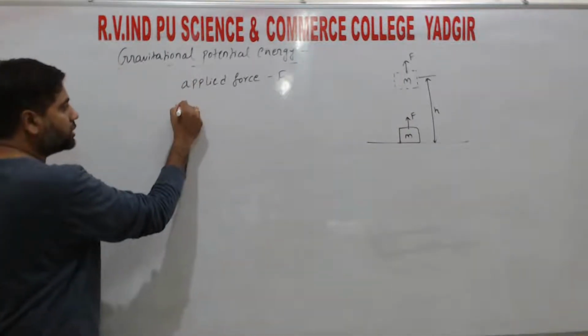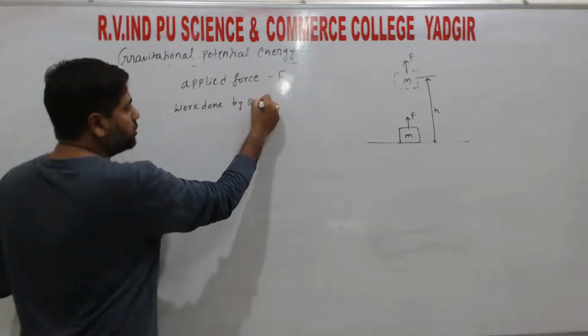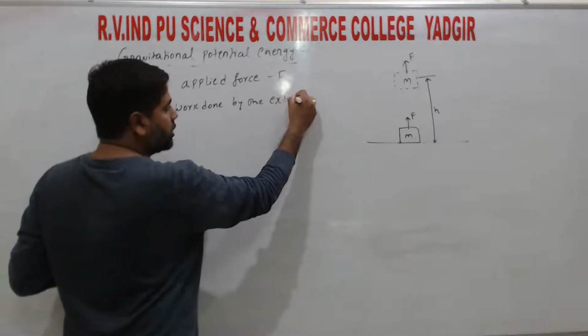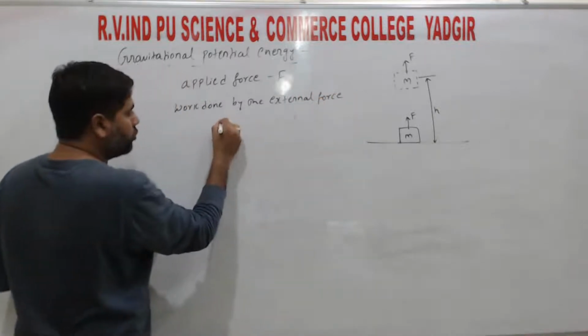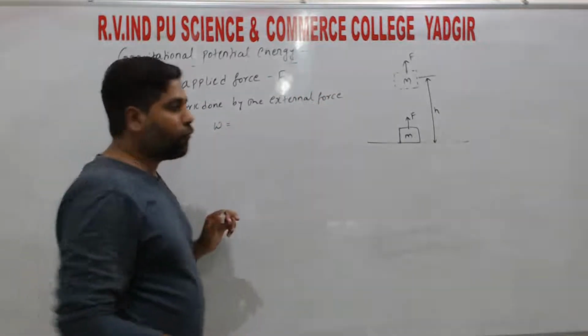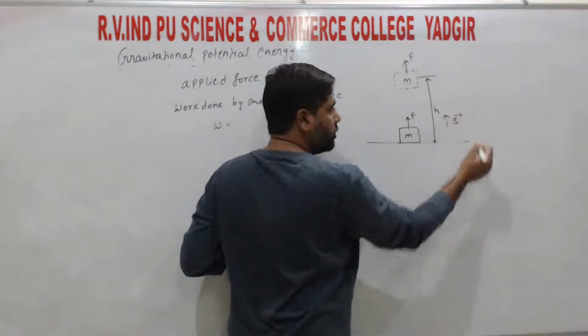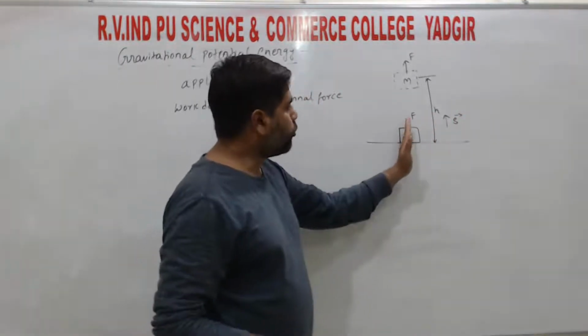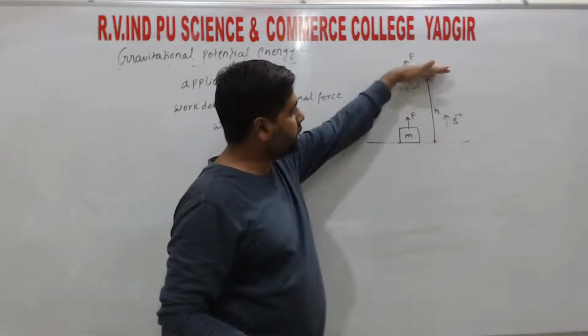Work done by the external force W is equal to, so force and displacement are both in the same direction, right? The force acts upward, and the displacement is also upward, so its position changes.